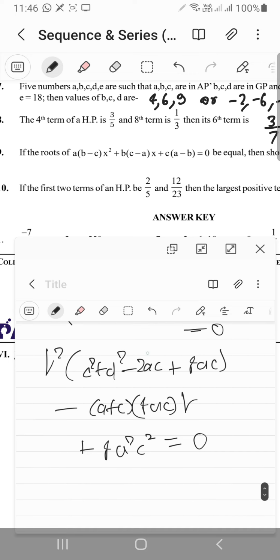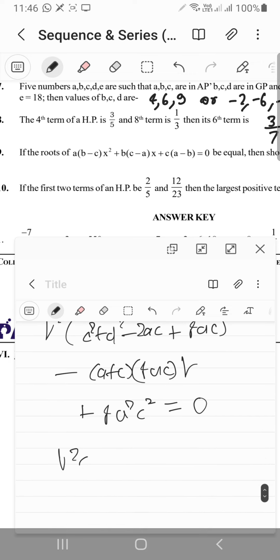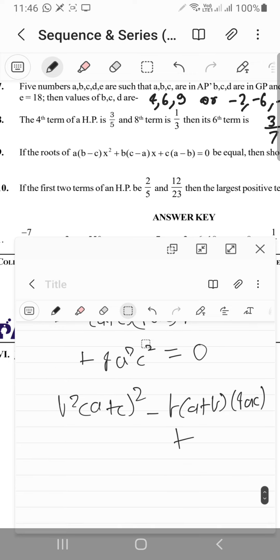That's the equation. And this is B squared into (A plus C) squared minus B into (A plus C) into 4AC. Okay, cool. Plus, in fact, oh, I see what's going on. Plus 4A squared C squared equal to 0.